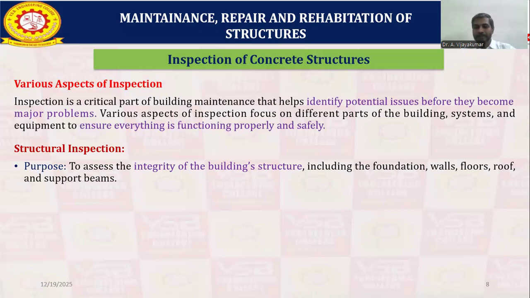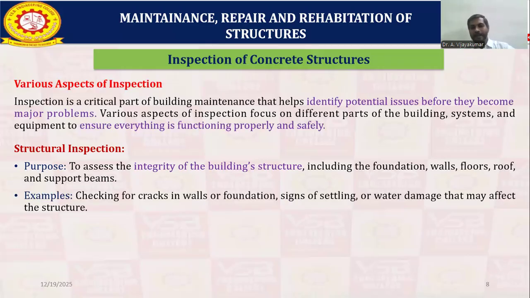We need to check for cracks on the walls or foundation, and how the foundation settles during the rainy season in the basement, or any signs of settlement. Water damage may affect the structure, because when constructing in waterlogged areas or near a river, water can penetrate into the foundation and settlement may happen. For that, we need to identify issues through such an inspection.